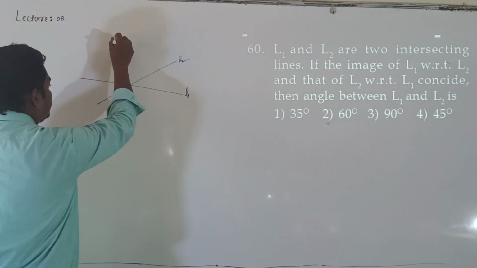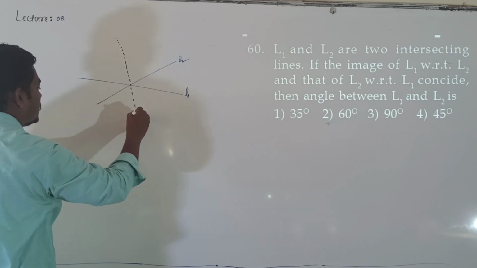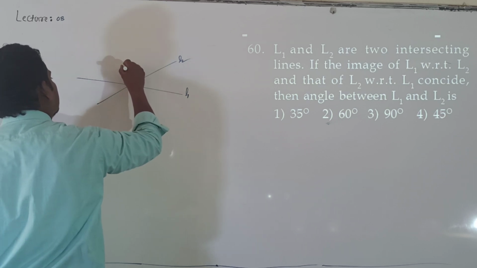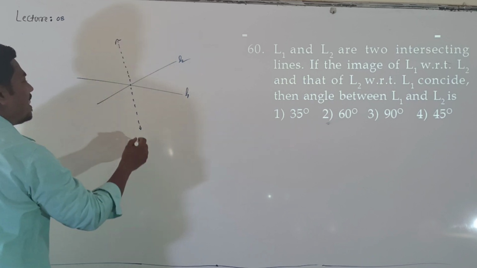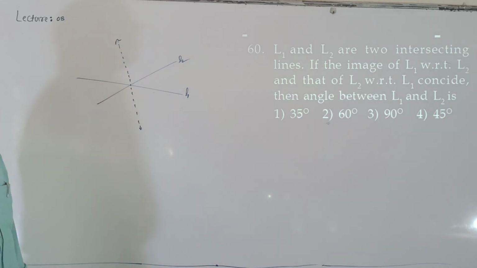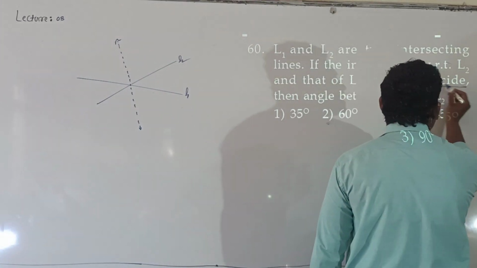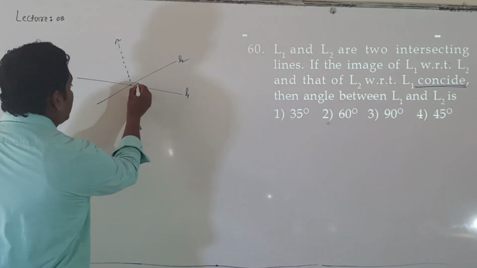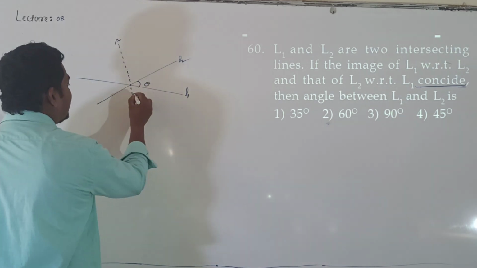Suppose clearly this is the image of L1 with respect to L2 as well as L2 with respect to L1, because both the images coincide. Coincide means overlapping. Suppose this angle is theta, then what about this angle?